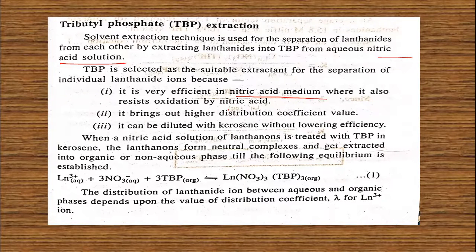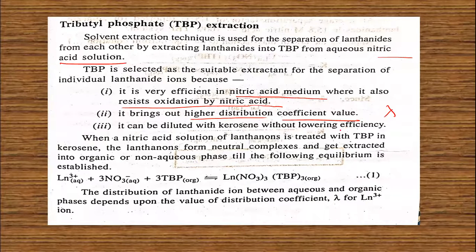TBP is very efficient in nitric acid medium, and it also resists oxidation by nitric acid. It means it cannot be oxidized in presence of nitric acid. Second thing, it brings out higher distribution coefficient value, that is lambda value.